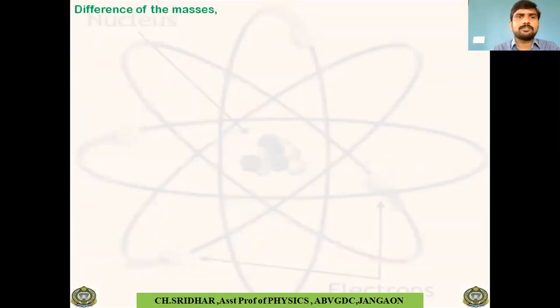So the difference of the masses is Zmp plus A minus Z into Mn minus the real mass of the nucleus, that is M of Z, A. This is equal to the mass defect.